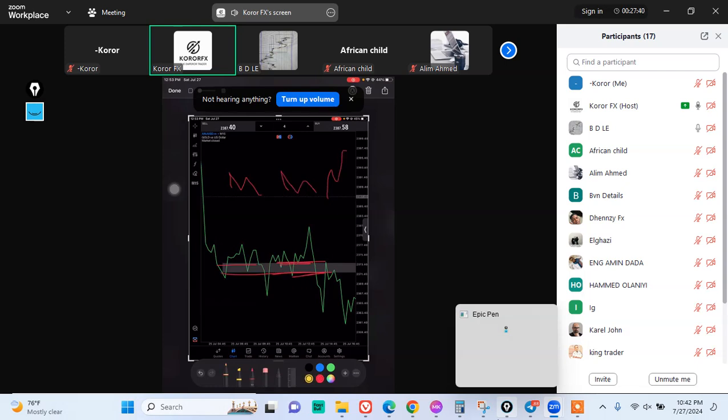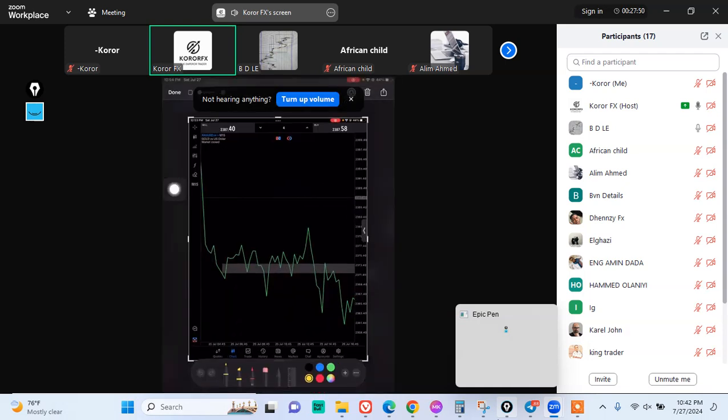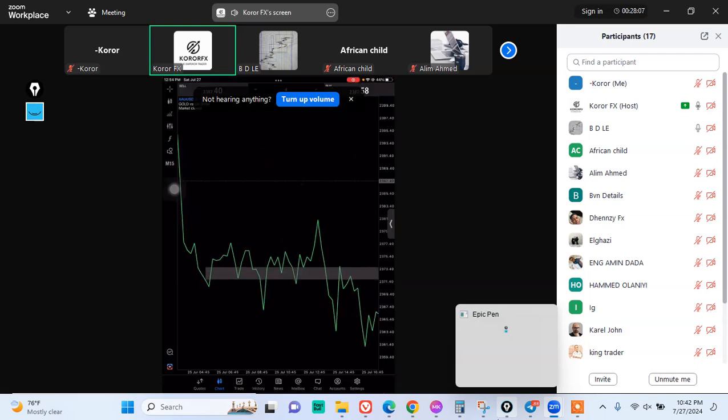If it is going down, I will mark here. If it's going up, I will mark here. Let me show you on this time frame. As you can see, here we have one, right? Smaller ones, another one, and another one. So we want to use two by placing a horizontal line.